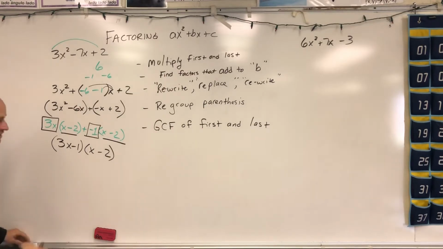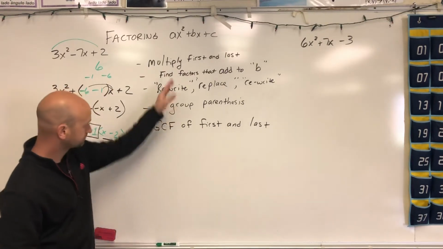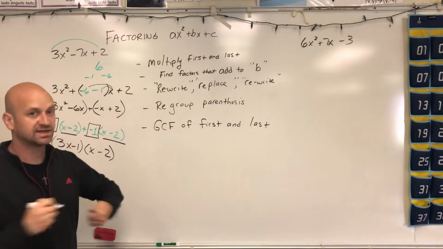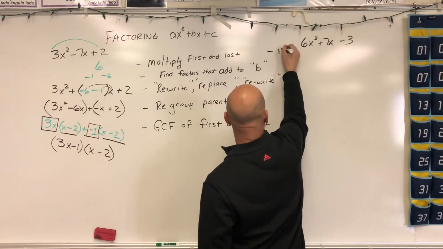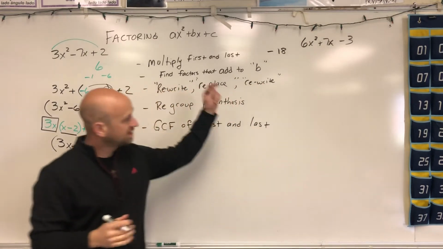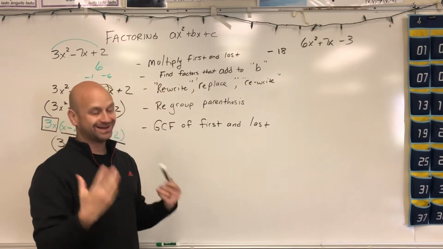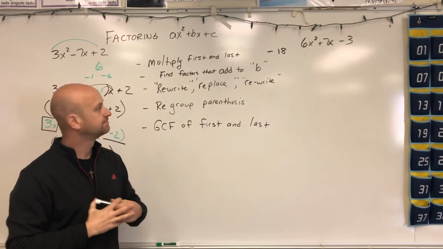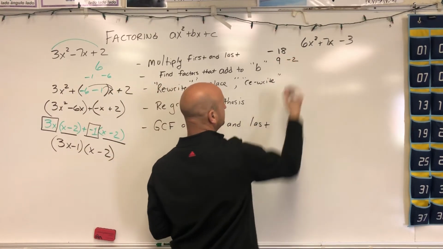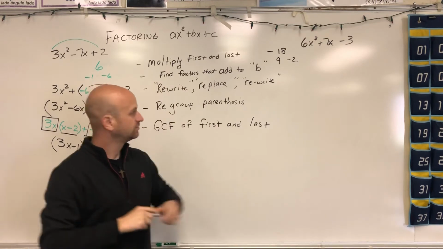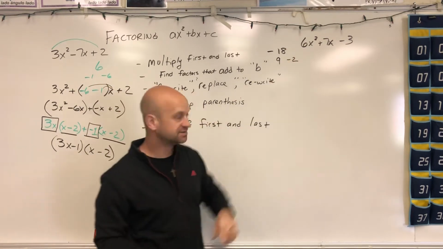All right, so let's try another one using the same steps. Multiply the first and the last. So we get negative 18. All right, negative 18. So now we need to get factors that add up to a positive 7. Well, if we had 9 and a negative 2, that would give us a positive 7 and a negative 18.